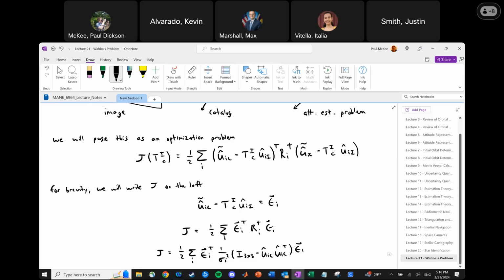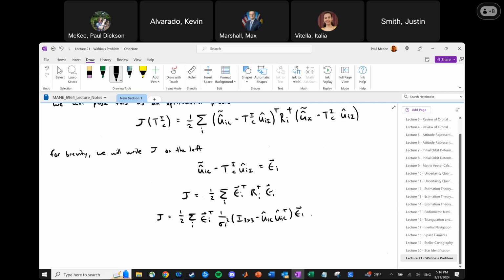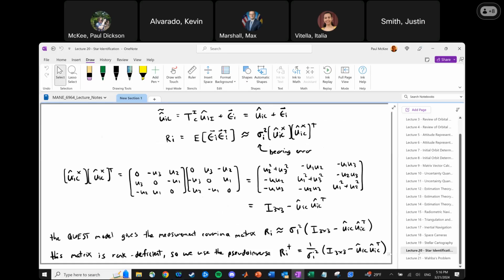Okay, so we can simplify this a little bit. Let's go through and move the 1 over sigma I to the left. I want to make sure I use the same notation that I did yesterday. We're using sigma I. Okay, that's fine.